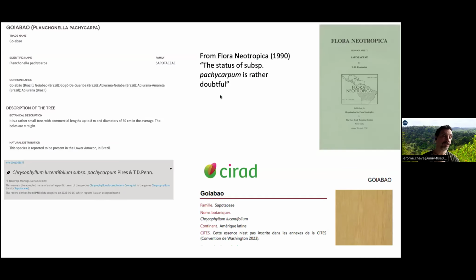But a much more difficult example is this one from the Sapotaceae, Planchonella pachycarpa, which is actually noted in the literature. If you Google it online, you'll find some names. It's Goya-bio, and it's a timber species, so it's known as a timber species. But it's nowhere to be found in the taxonomic literature, and it probably ends up being Chrysophyllum lucentifolium, which is a known Sapotaceae tree species, but it's quite different.